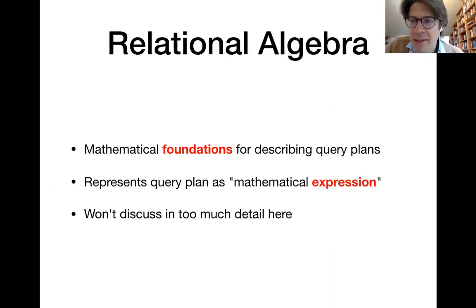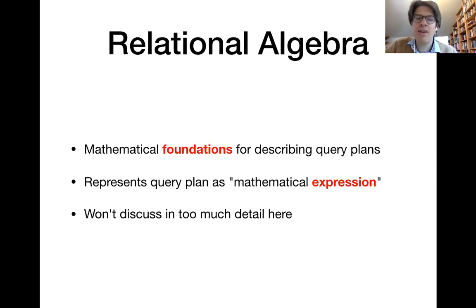Now, the mathematical foundation for those query plans is called relational algebra. I'm not going to discuss relational algebra in too much detail, but I want to point out that connection. You can also find more details in the Ramakrishnan and Gehrke book. So essentially, relational algebra is a mathematical version of those query plans.